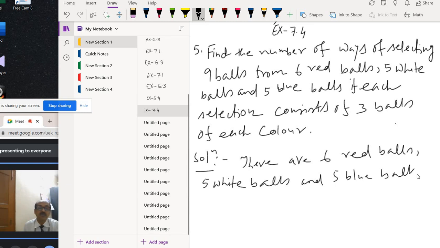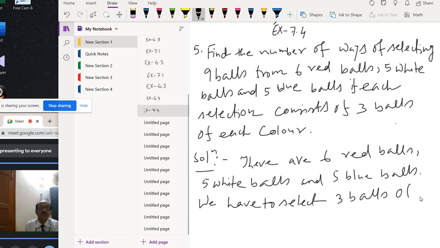So we have to select 3 balls of each color.